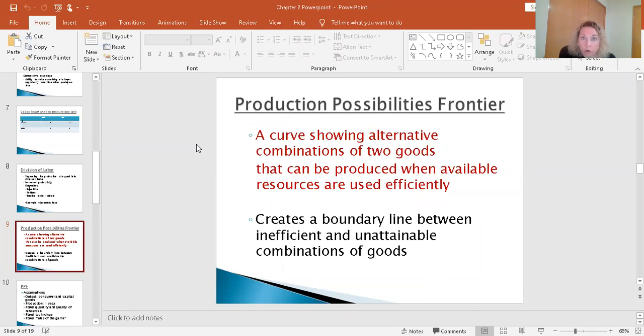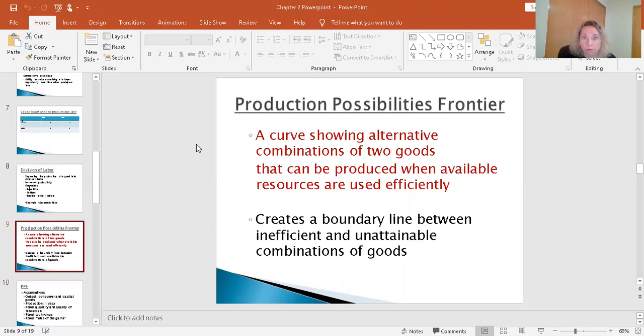It is a graphical representation of all the goods and services that an individual country, region, etc., can produce using the current pool of resources that they have.